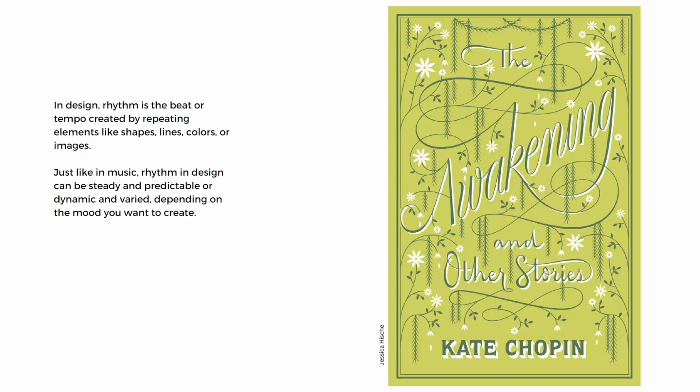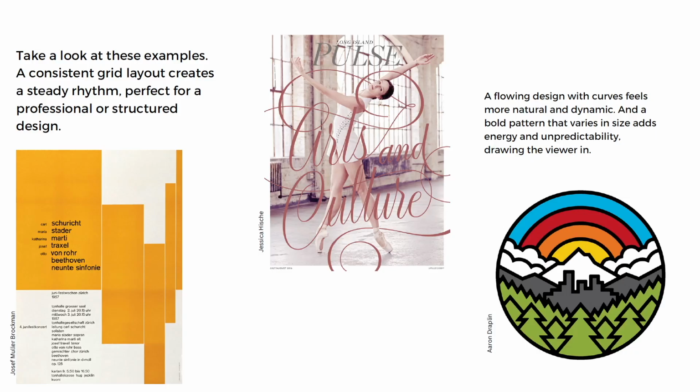So in design, rhythm is like I just said, it's like music. It's creating this beat or the tempo between shapes, lines, colors, images, symbols. So just like in music, it's going to be maybe steady or predictable, or maybe it's going to be dynamic or varied. And it's just going to depend on whatever mood it is that you want to create.